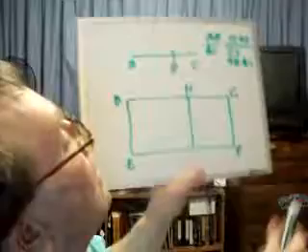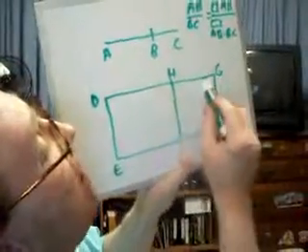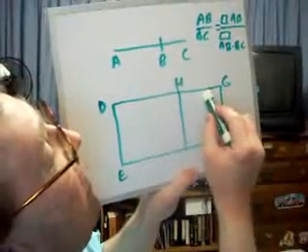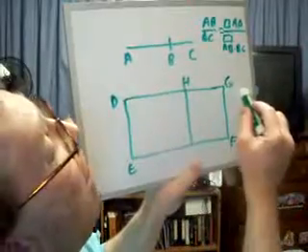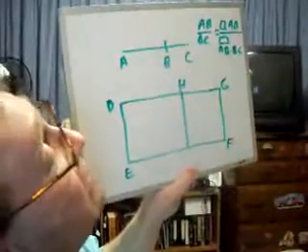Therefore, DH and HG are rational straight lines commensurable in square only, so that DG is irrational. So these two lines are only commensurable in square, therefore this whole line right here, DG, is irrational.